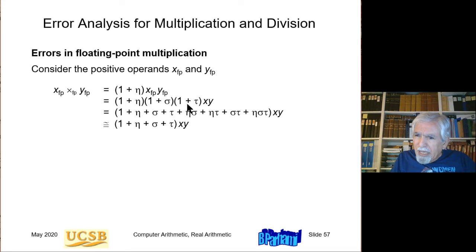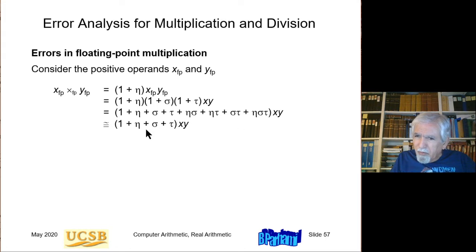If you multiply out these three parentheses and ignore the higher order terms, so remember I said that these numbers, eta, sigma, and tau, are very small, we can ignore the second order terms and this third order term.